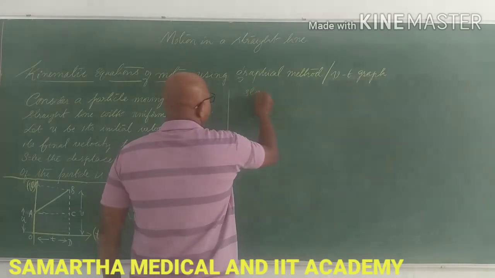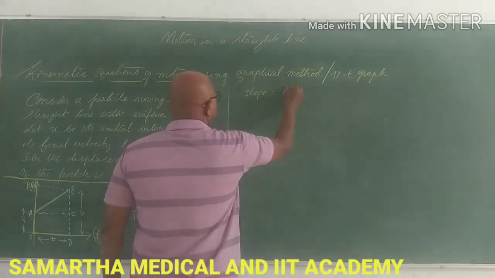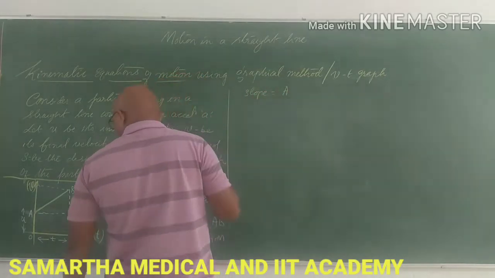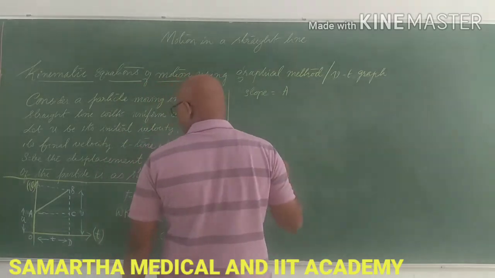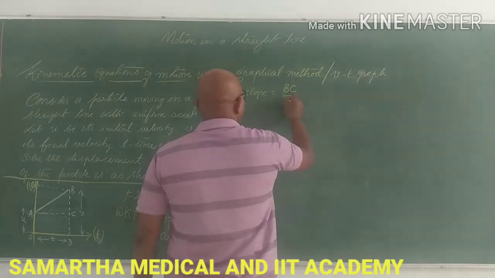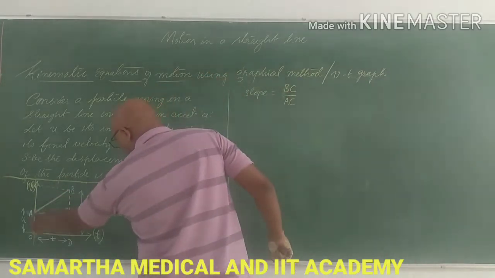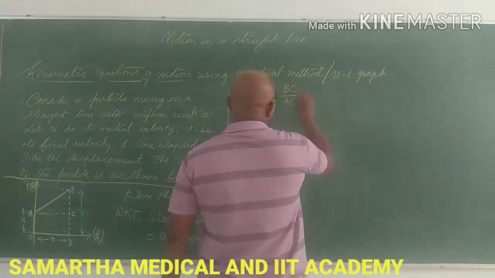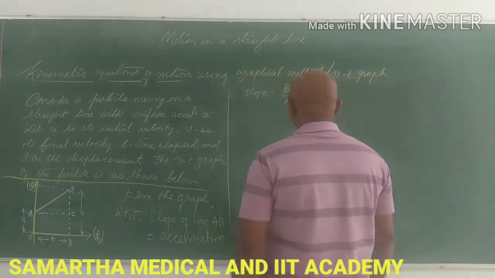That is, slope is equal to BC by AC. Is it AB by BC? No, it is not AB by BC. It is BC divided by AC. So what is BC here?